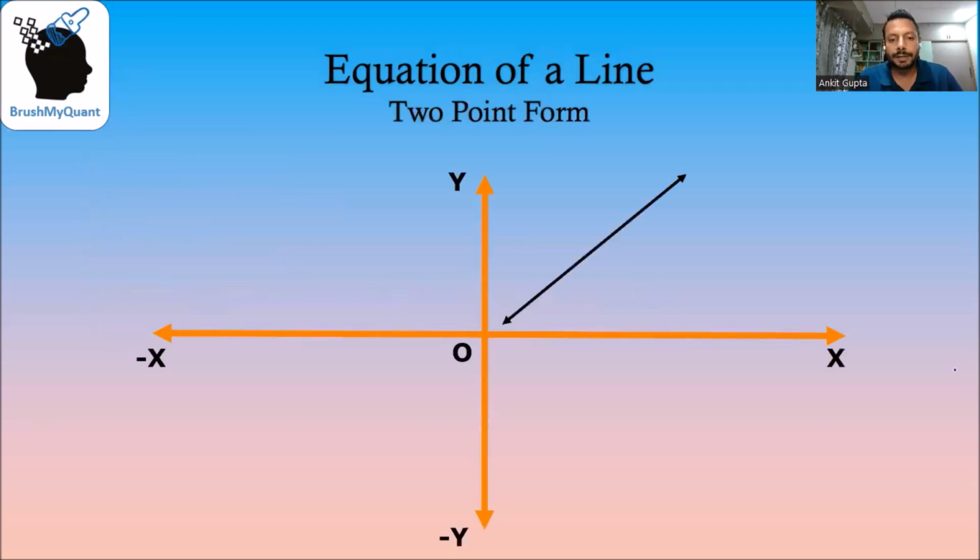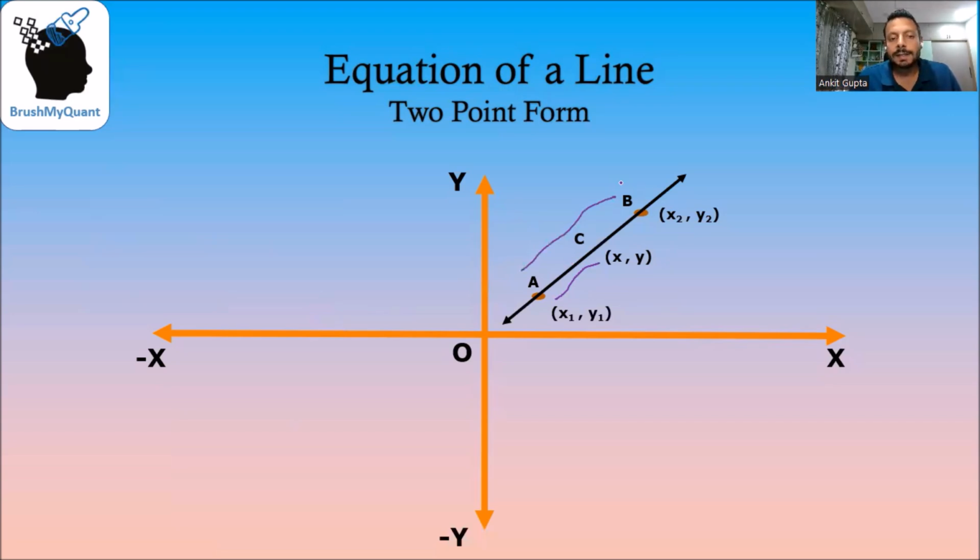So let's say we have the xy plane, and then we have this line, which is passing through 2 points A and B, whose coordinates are x1, y1, and x2, y2. Let's say we take a point C on the line, whose coordinates are x, y. Now, using the formula for slope of a line, if we compare the slope of this part of the line to the slope of this part of the line, since they are part of the same line, their slope will also be the same.